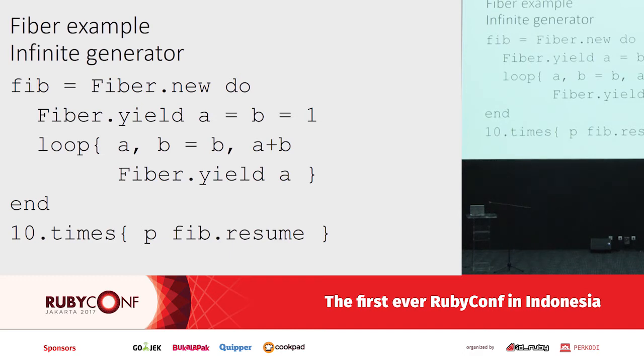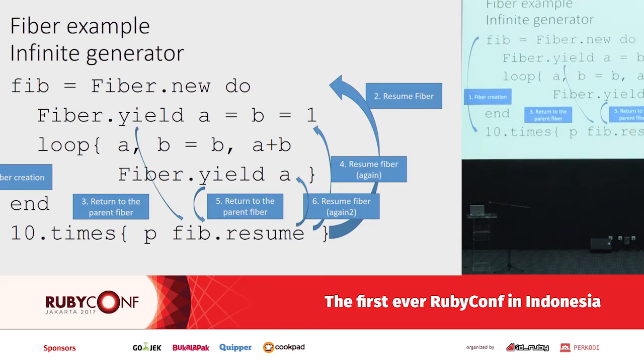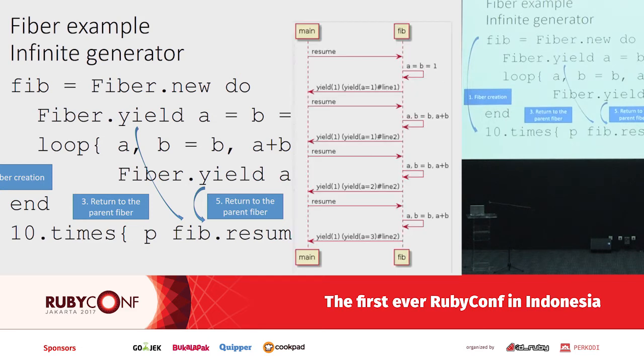This is a Fibonacci calculator. So this program's execution is like here. It is very complicated, so maybe it is easy to understand this way. The main Fiber resumes, so it continues the Fiber, starts the Fiber, calculates the first one, and suspends the execution and goes back to the main Fiber.